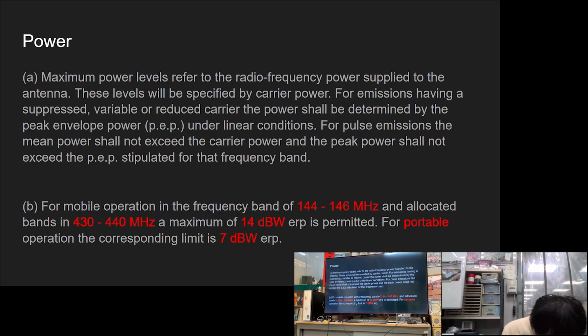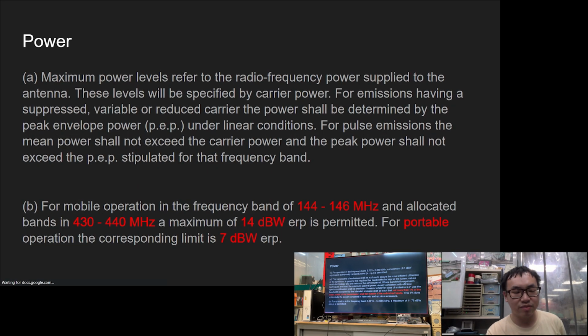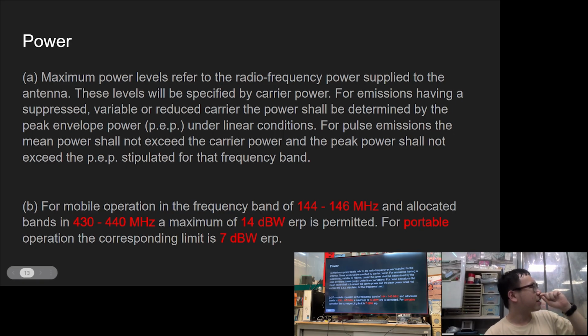Let me see if I mentioned the. Oh, good. I haven't put down the decibel calculation. Okay. Maximum power. You will see that it is a special condition for 144 to 146.